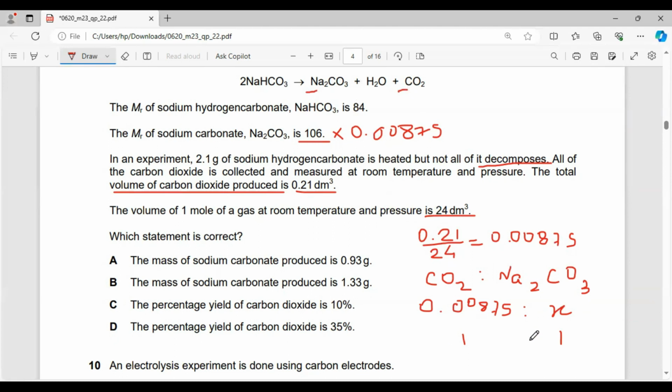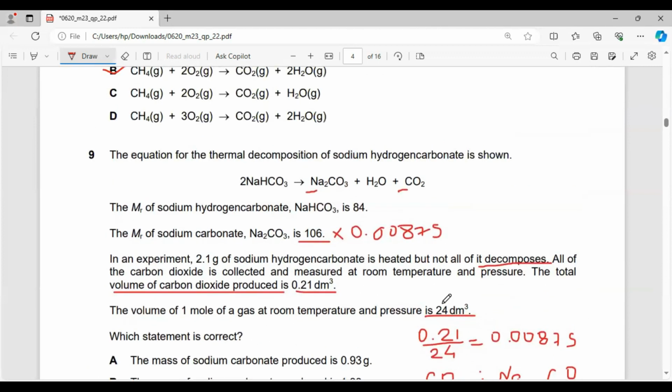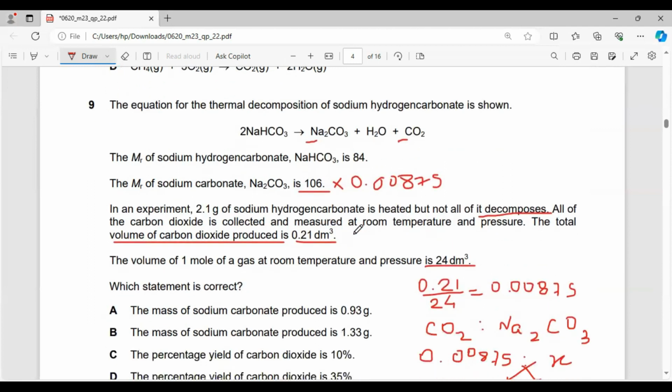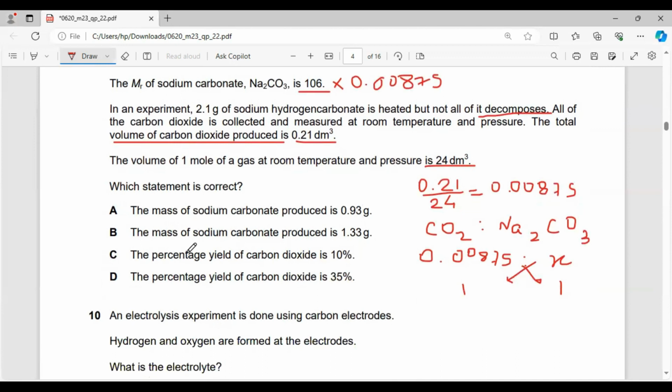After cross multiplying, it remains the same, 0.00875 moles of Na2CO3. These moles will then be multiplied by the molar mass of sodium carbonate, which is given already, that is 106. After multiplication, we get 1.33 grams. So B is the correct answer.